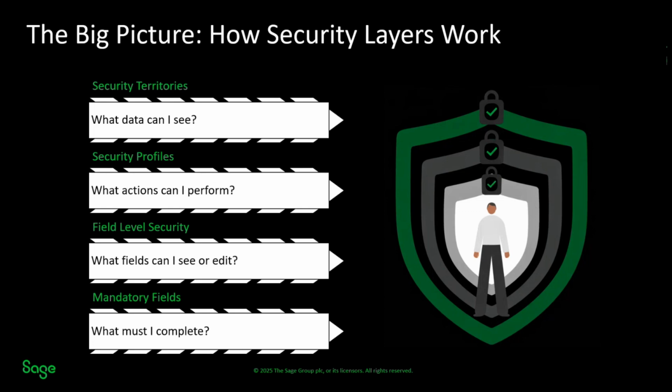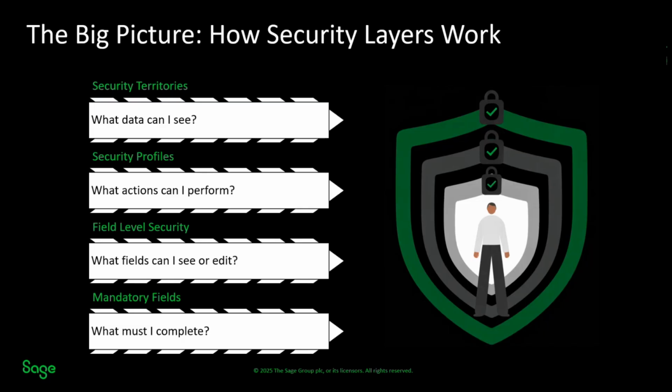So if you are in a particular territory, you can only see information within, say, the US and Canada. You can't see information that is in Europe or in APAC, for example. But if you have a security profile that grants you access to companies, persons, and opportunities, but not to cases, then you can only see the data in US and Canada for those three entities.